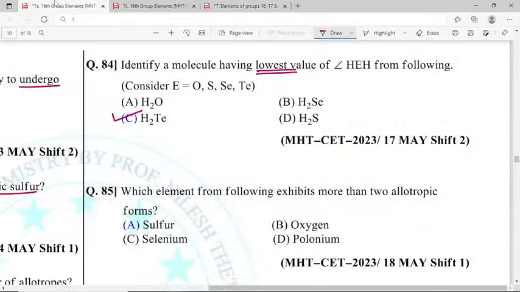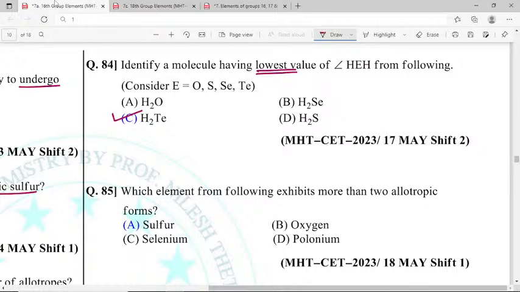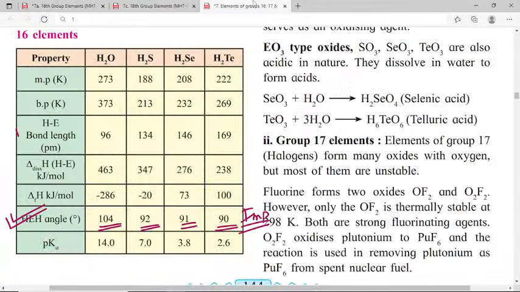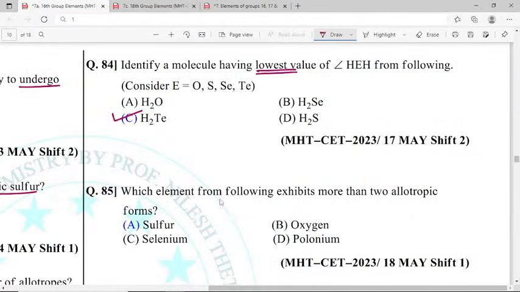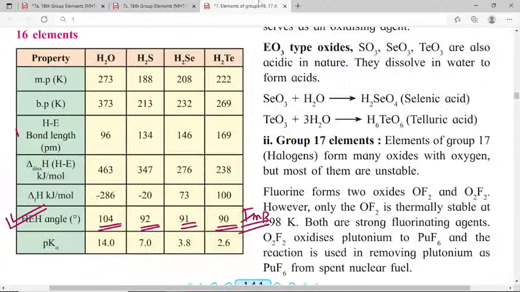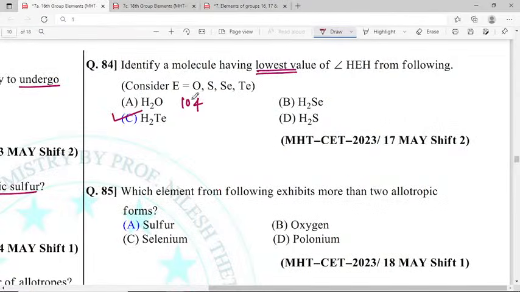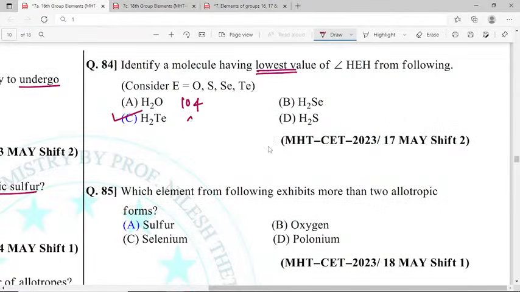So what is the question here? Lowest value of bond angle from following hydrogen EH. So water 104. H2Te 90, 91, 92.